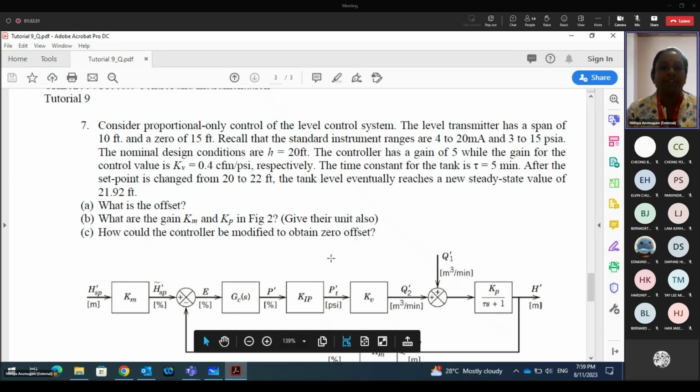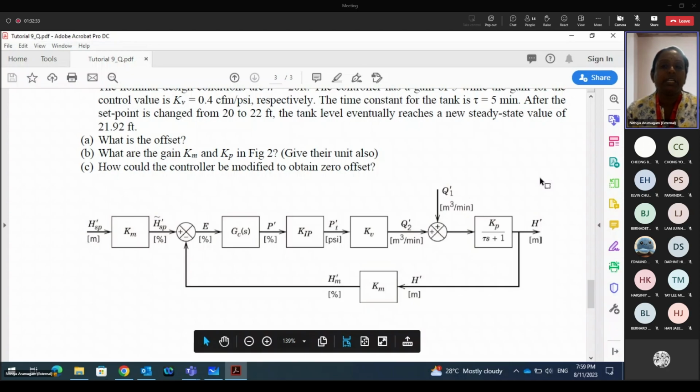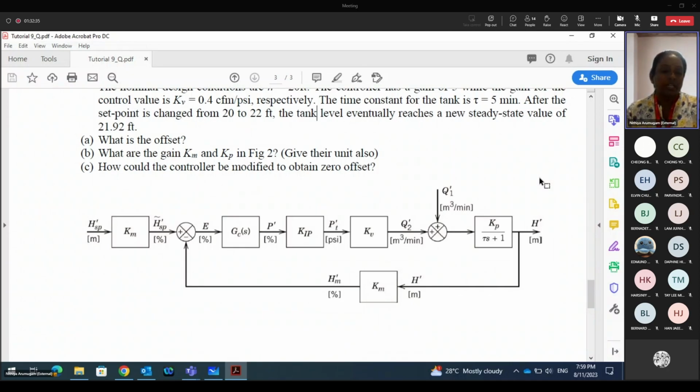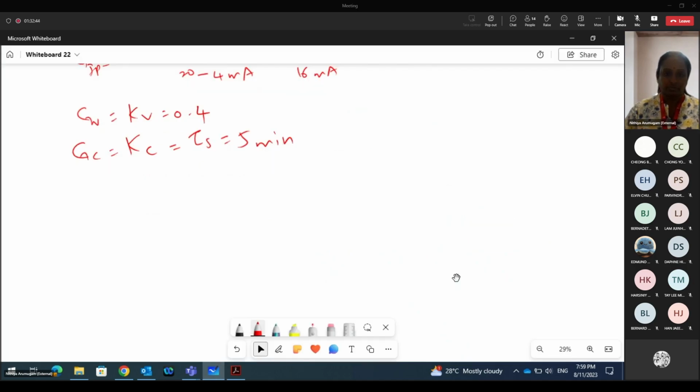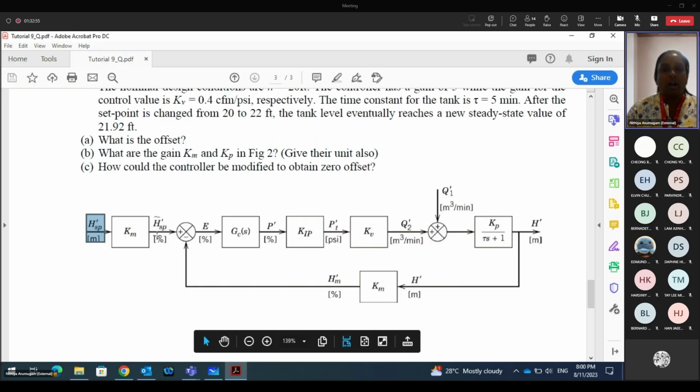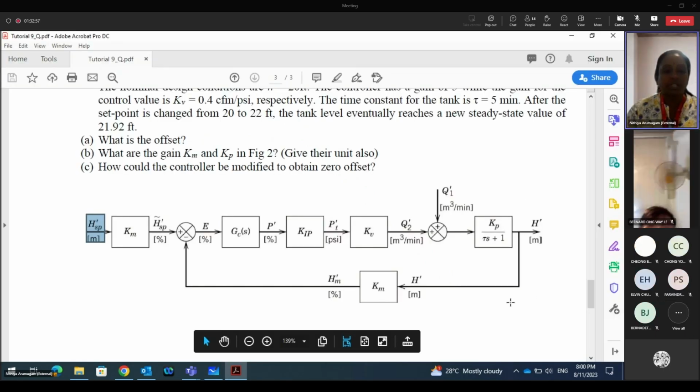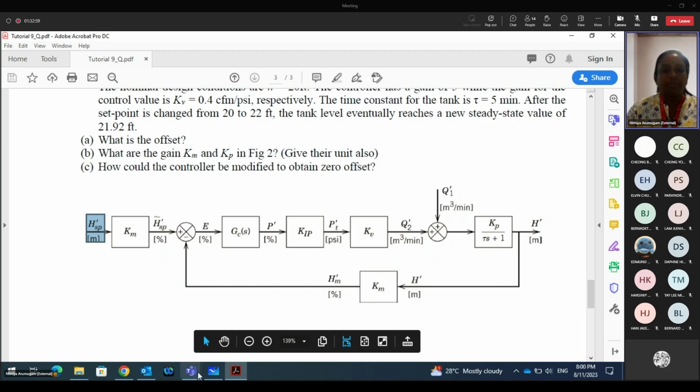Okay, so if you notice, the current one is the closed loop transfer function, correct? So we can express this H output over the input, can be expressed as H output over HSP equals to all the series and also the combination of the feedback loop.